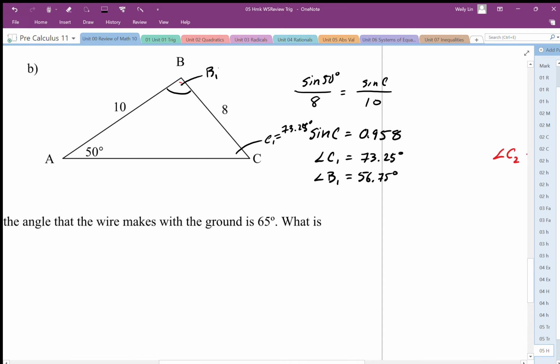Okay, so that's 56.75 degrees. Okay, so there's my side length.